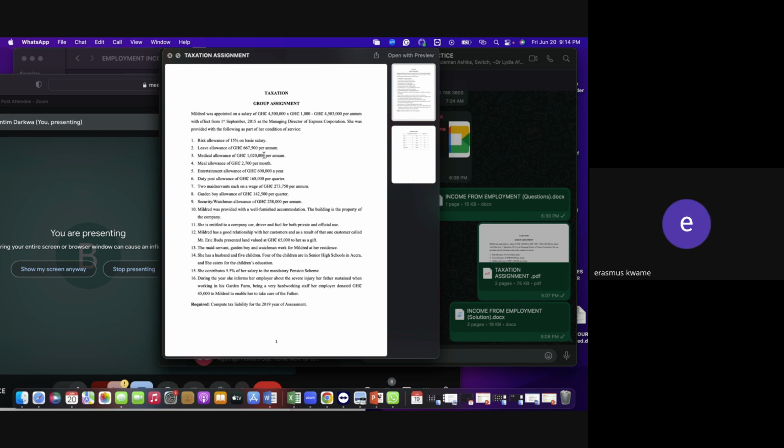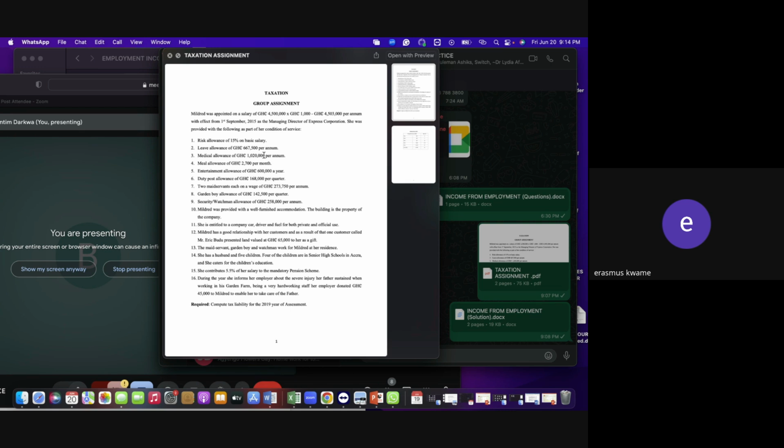The maid servant, garden boy, and watchman work for Mildred at her residence. She has a husband and 5 children. 4 of the children are in senior high school in Accra, and she caters for their education.